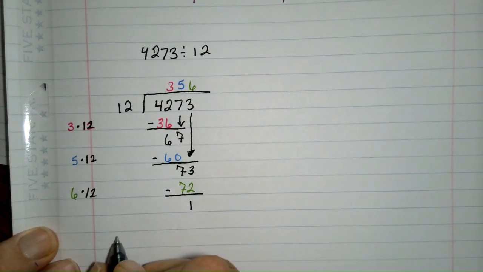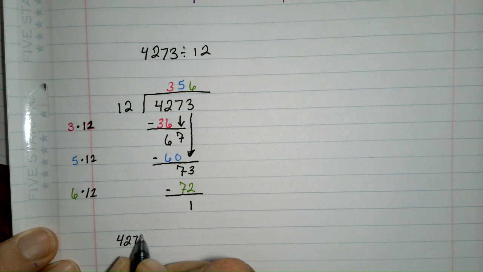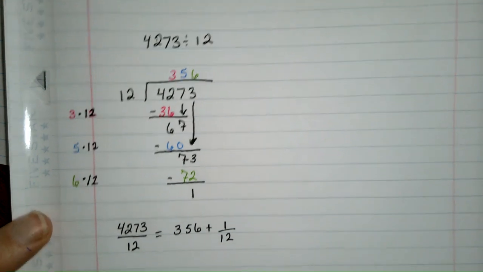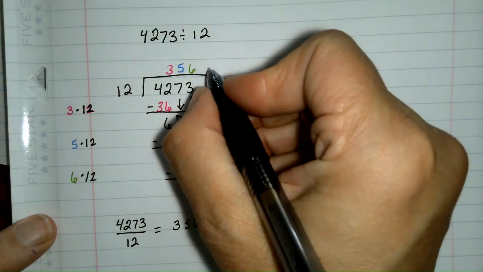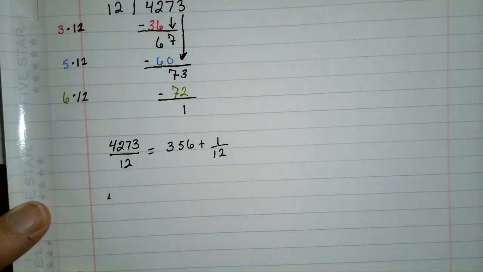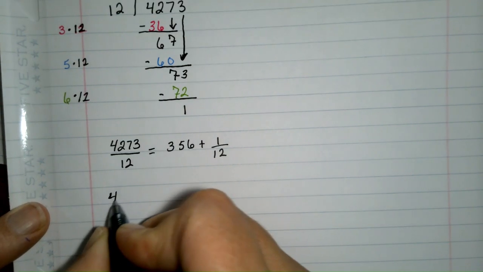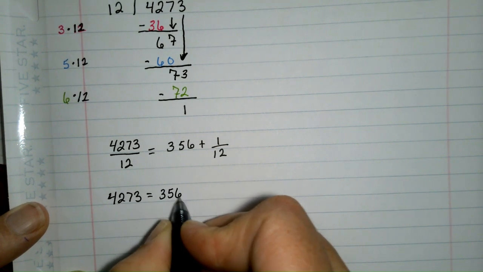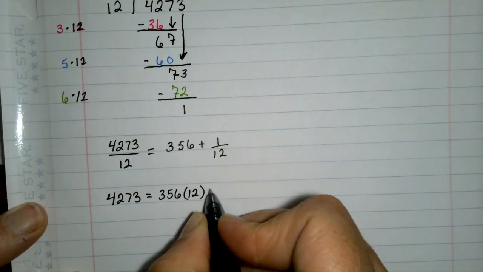So we can say 4,273 divided by 12 is equal to 356 plus a remainder of 1 out of 12, or 356 remainder 1, right? Or we can take that same statement and say 4,273 is equal to 356 times 12 plus 1.